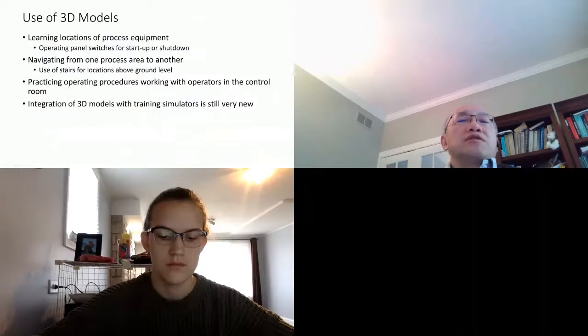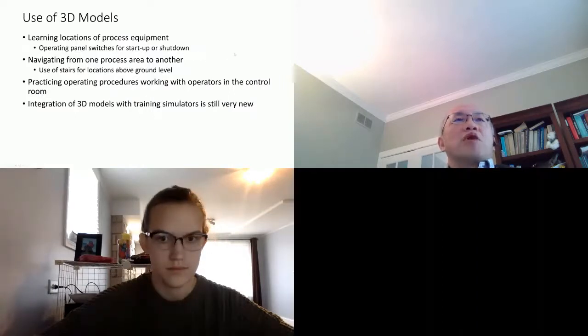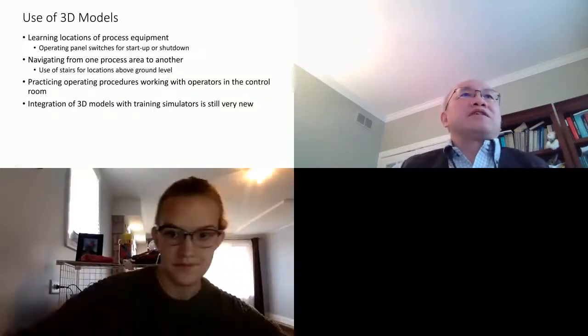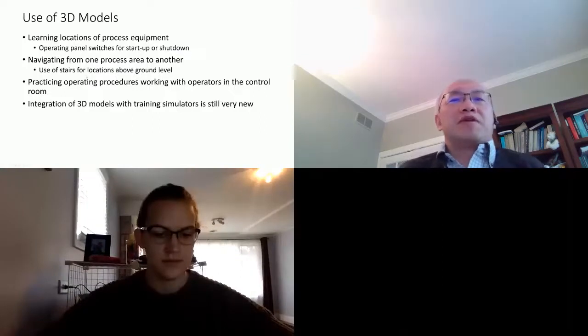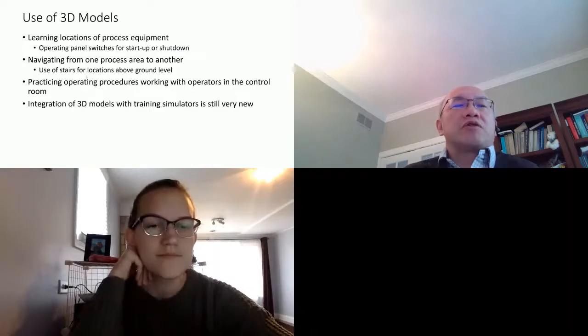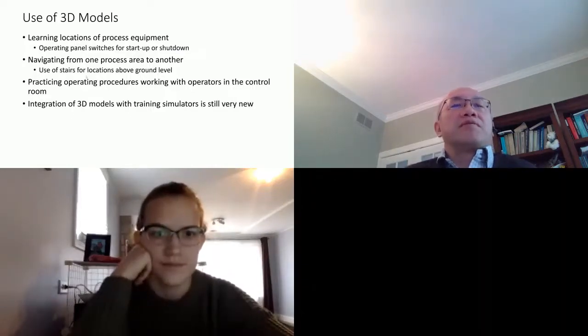So in a nutshell, once you have a 3D model, many of us can use it to learn the locations of process equipment, where they are located and how long it would take to get from one area to another. And as you can probably guess, sometimes, for example, we have a new person joining the team who is trying to learn the locations of different pieces of equipment, right?